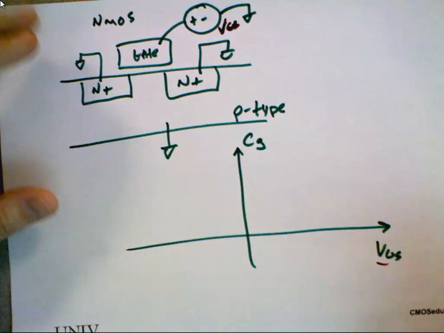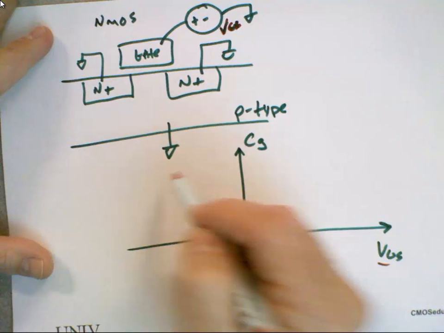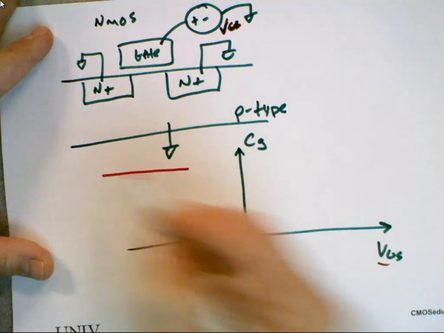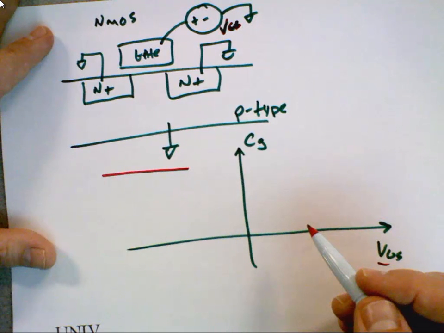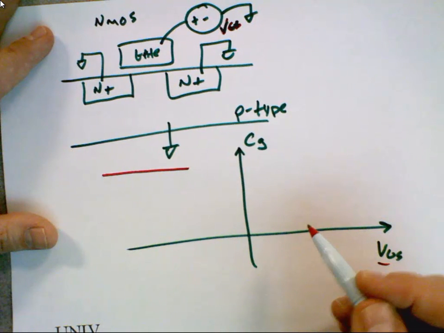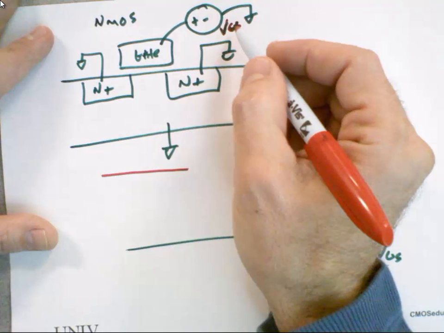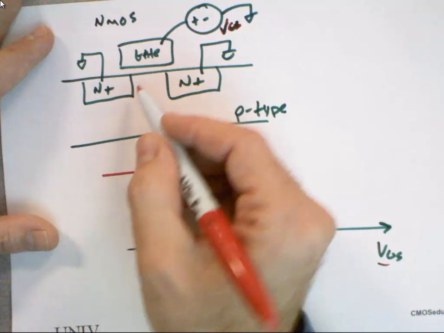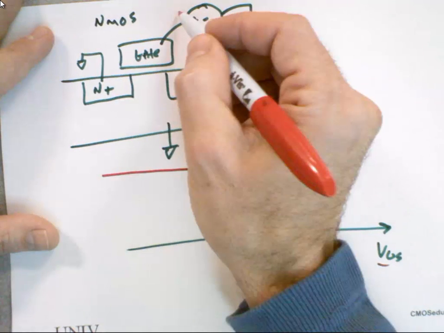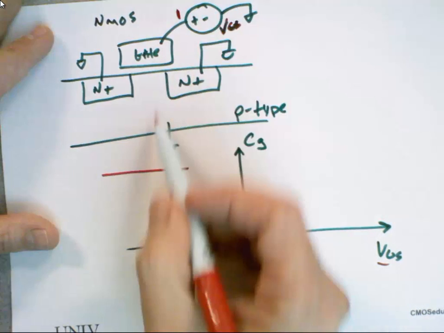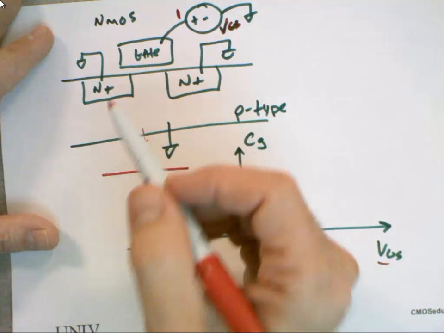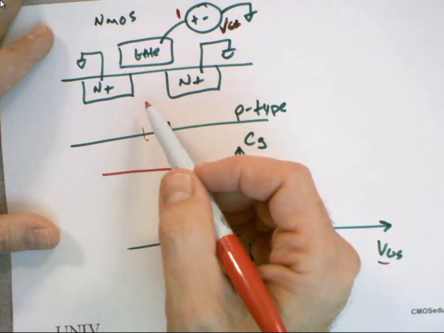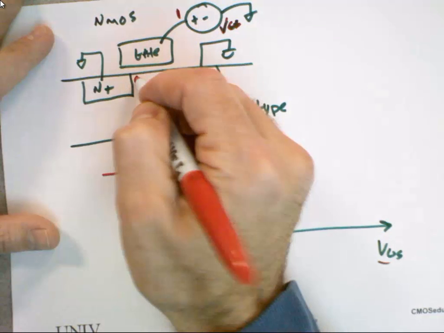Okay, that wasn't as simple, but let's say a large negative voltage. So we're over here. Why? Okay, if I have a negative VGS, what do I attract under here? Well, let's think of it another way. If I put a negative potential here, what do I repel? When I repel the electrons, I leave behind holes. So I draw holes.